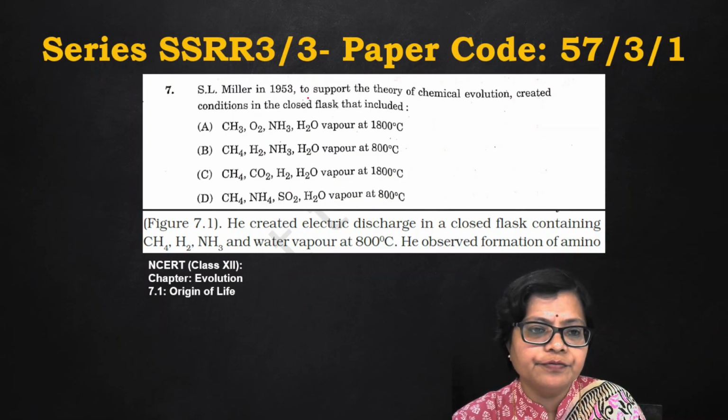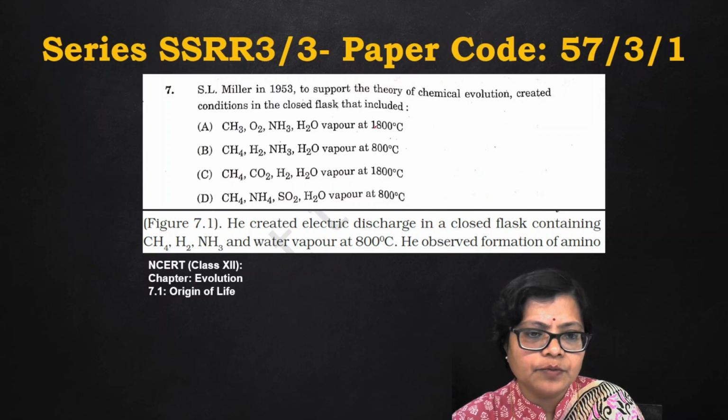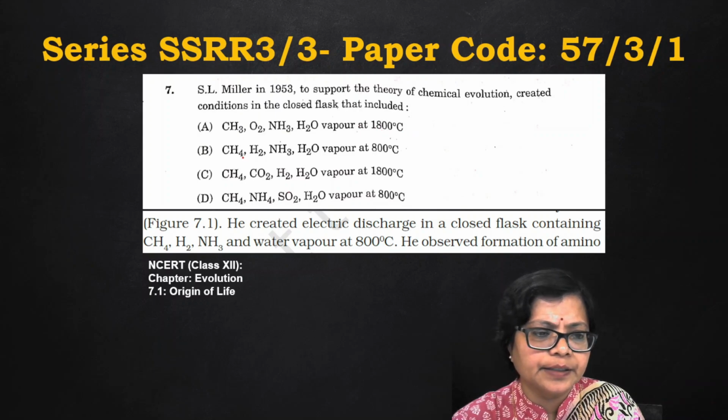Now S.L. Miller in 1953, to support the theory of chemical evolution, created conditions in a conical flask that included CH4, H2, NH3 and water vapor at 800 degrees centigrade.